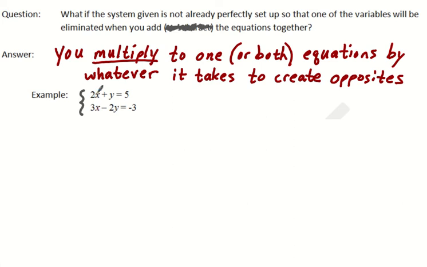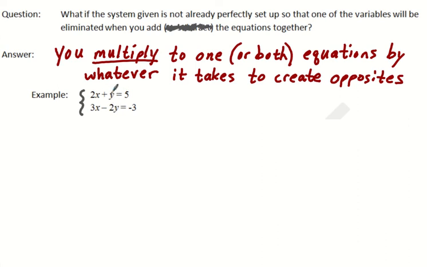Because if this was a negative 3x, we'd be in business. But what could we multiply to the 2x to make it a negative 3x? I don't think we can without going into fractions and stuff. So no.